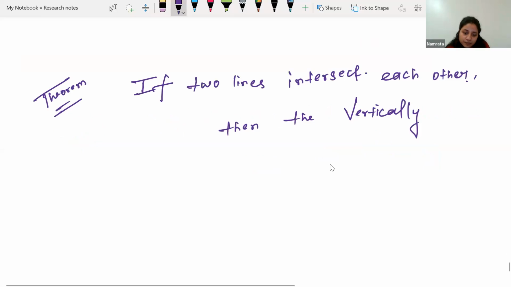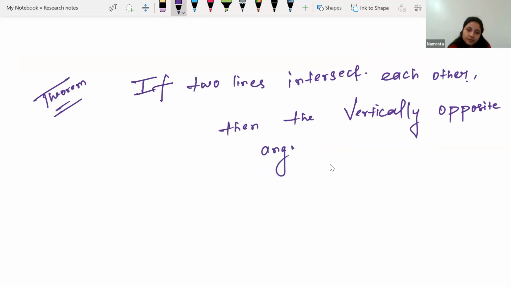Then vertically opposite angles are equal. This is what we have to prove over here.